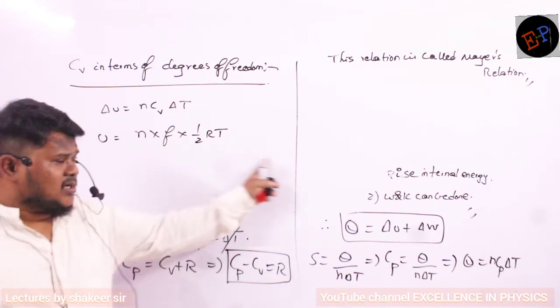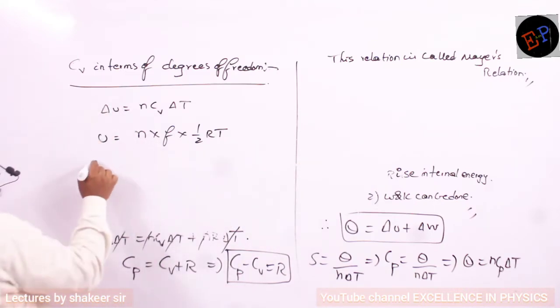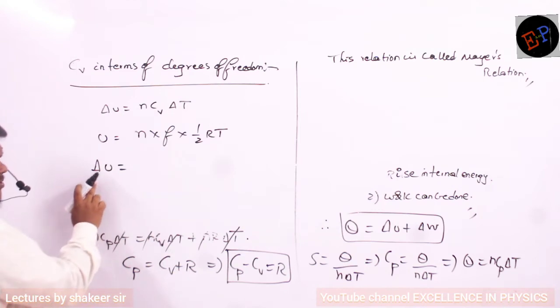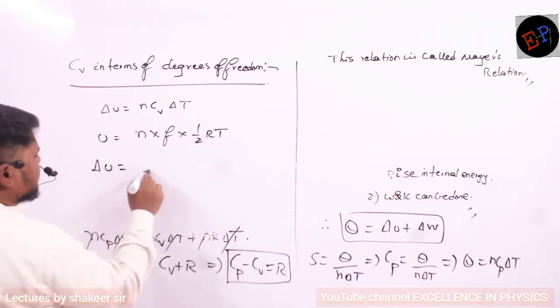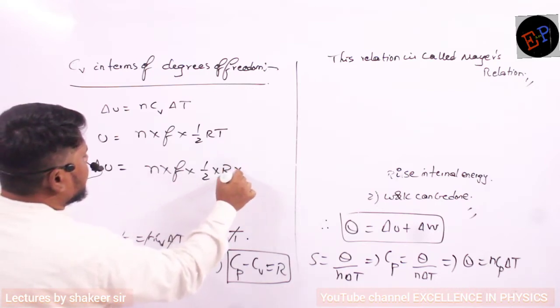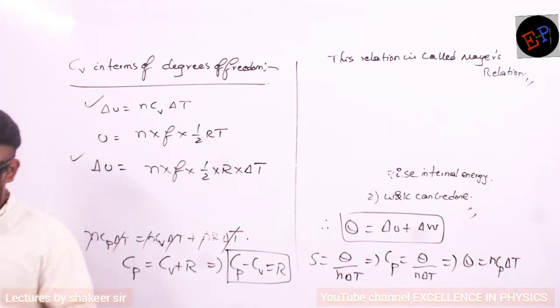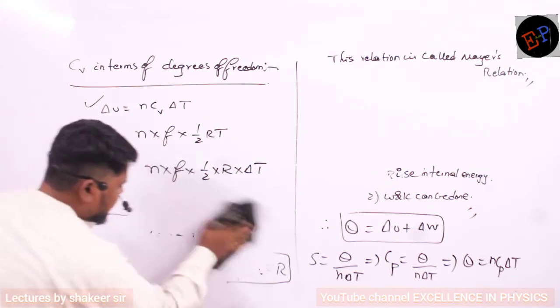So this is the total internal energy of a gas. But I want delta U. Delta U depends on what? Only temperature. So n into f into half into R into delta T. So first equation, second equation, both of them are representing a change in internal energy only, so why don't you equate them?